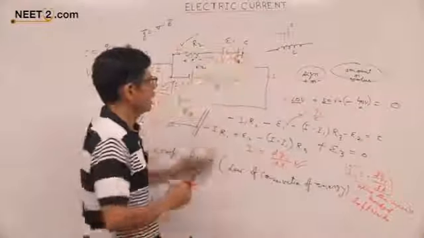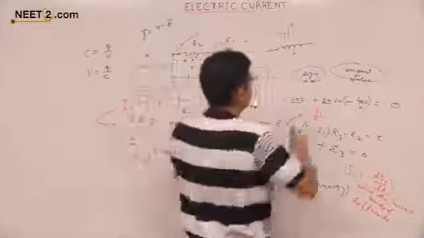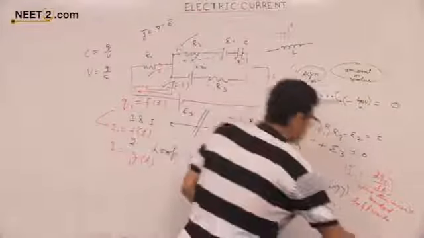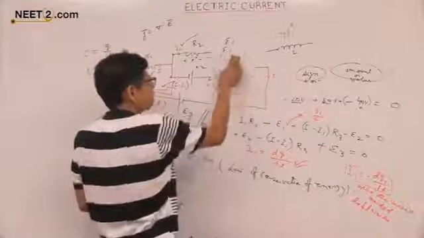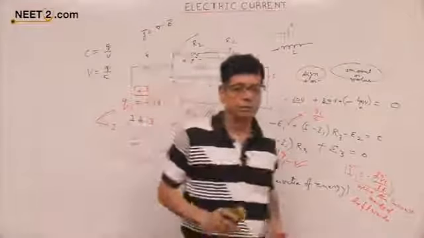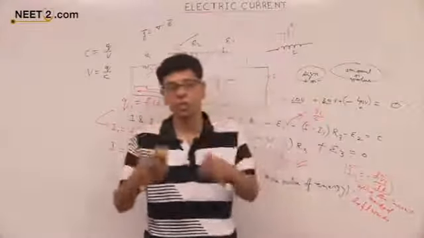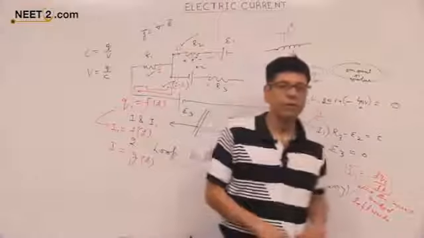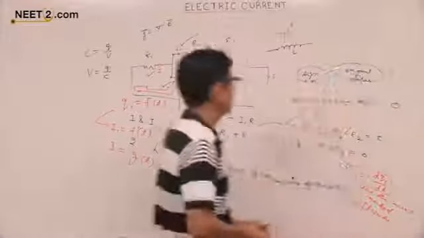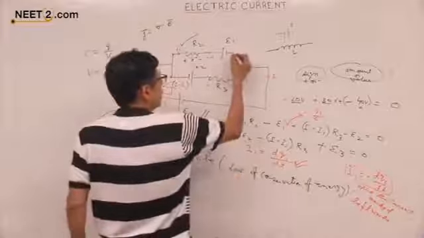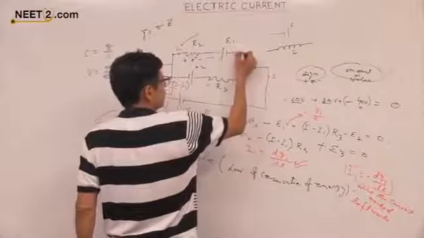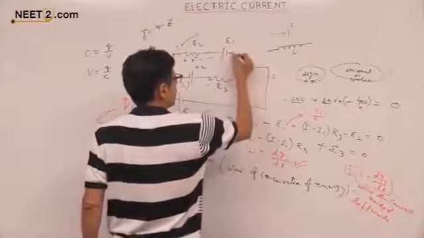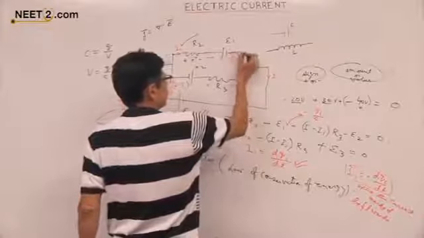Okay, so while we are at it, I'd like to take up the fourth element and teach you how to handle it. Because a few lectures, a few videos down the road, we will be doing that. Suppose there is an inductor here of inductance L. Then how will we write the term there?